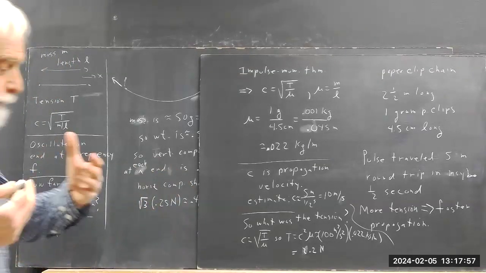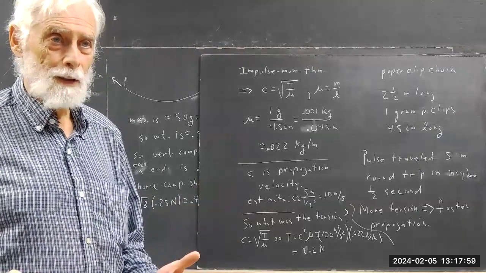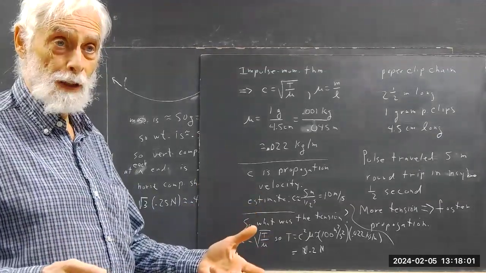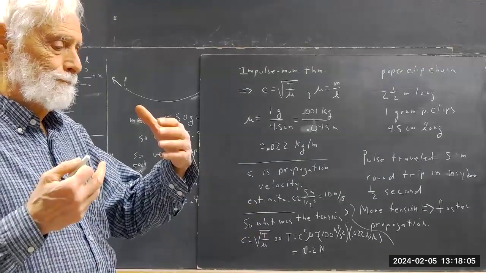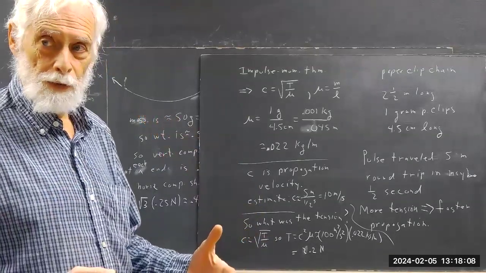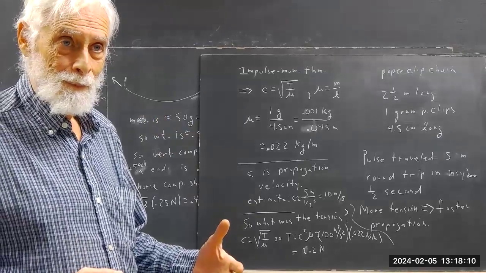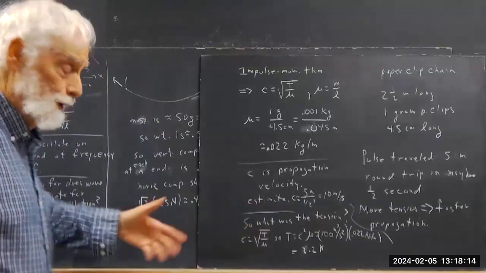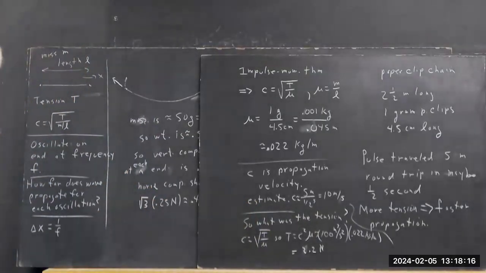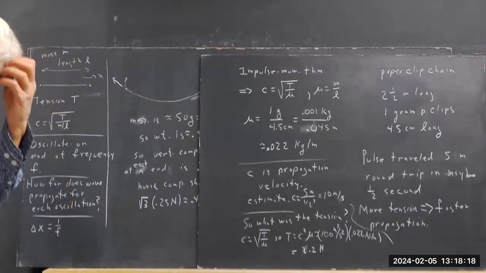If it's oscillating at 5 cycles per second, then it takes a fifth of a second per cycle. If it takes a quarter of a second per cycle, then the frequency is 4 cycles per second. So you have that reciprocal relationship, which is pretty natural, but you want to think about it.